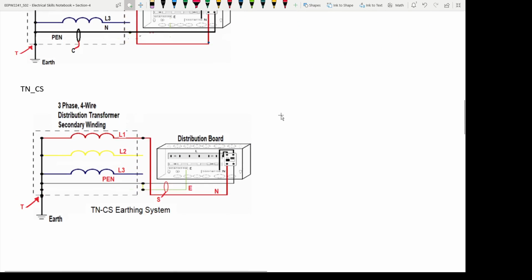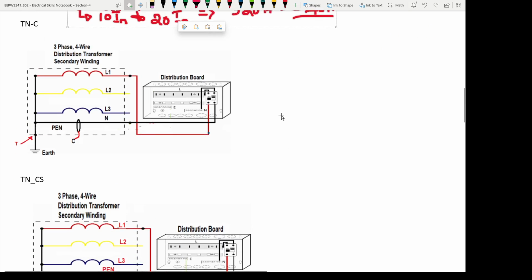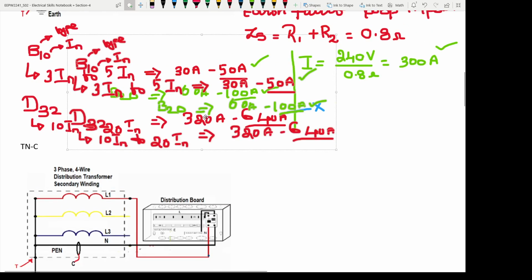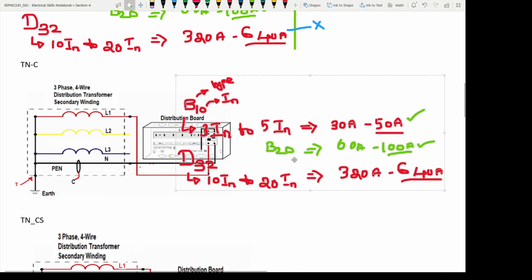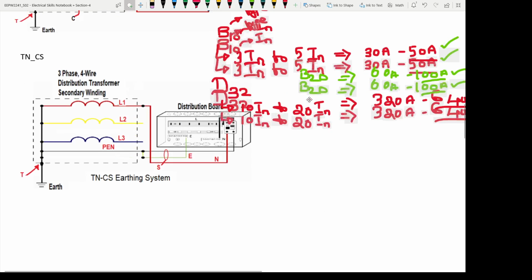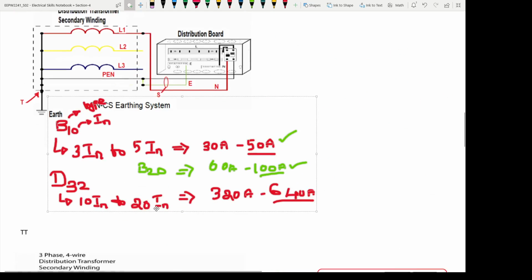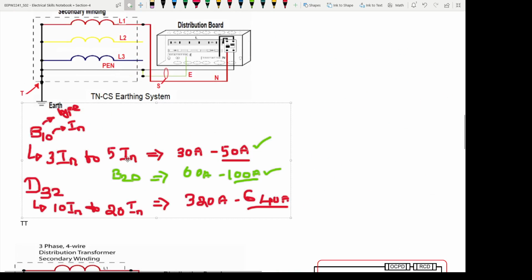Okay. So, for the TNCS, B type and D type, I have taken the same example, no difference in that. Let us calculate the short circuit current.